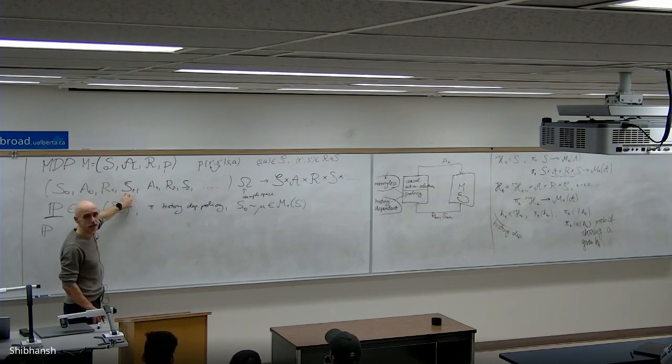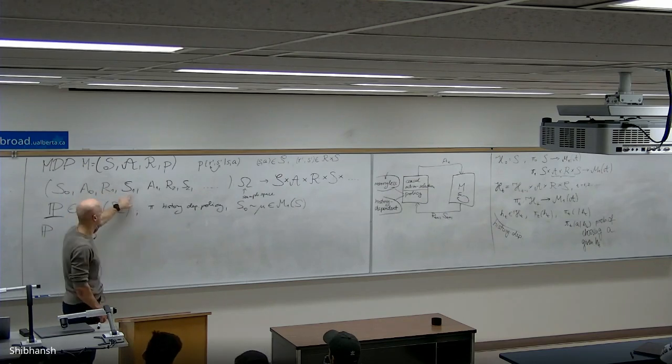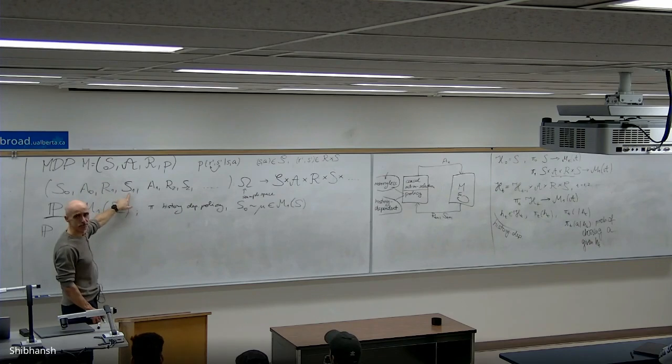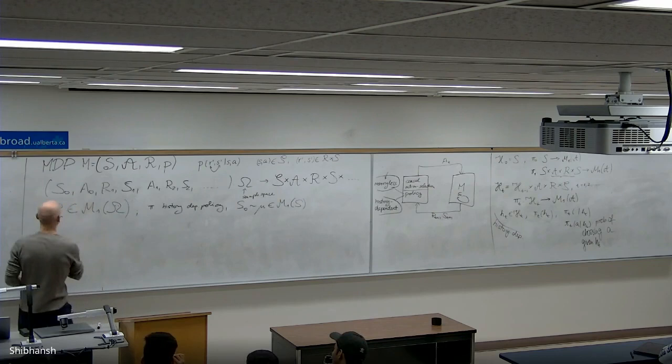It won't matter, except that I wouldn't cut between an action and a reward, because these come in a pair. So we have two choices: after an action or after a state. Who wants to cut after actions? One vote. Cut after states? More popular. All right, cut after states.